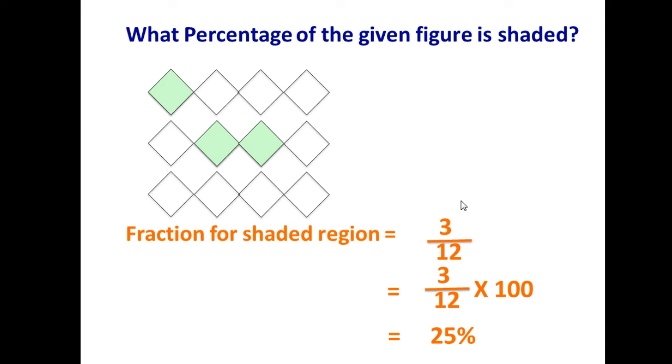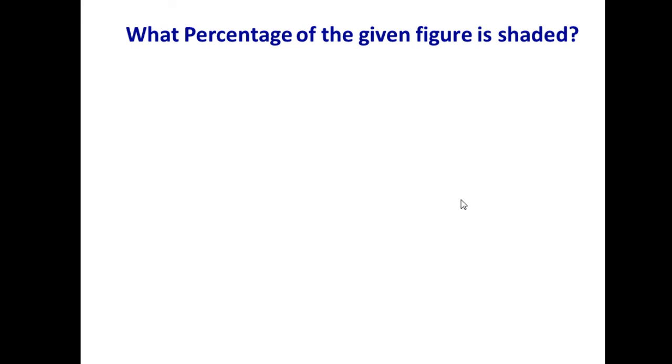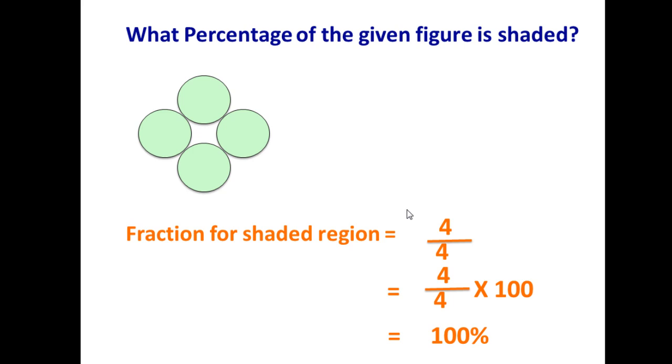Now let's proceed to another example. It is very easy. Again, what percentage of the given figure is shaded? Here is your figure. Now there are 4 circles, all shaded. Means out of 4, all are shaded. Firstly, let's write the fraction: 4 shaded out of 4.